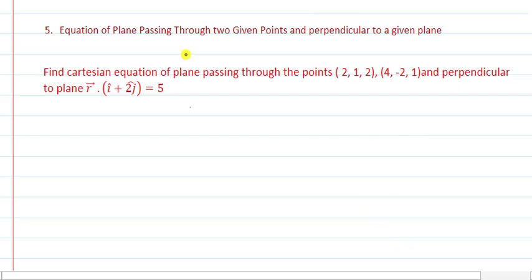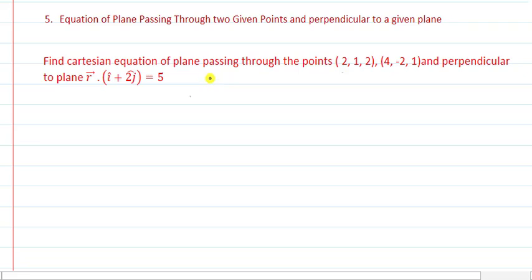Let me take the next type. Here the case is the equation of a plane passing through two given points and perpendicular to a given plane. The example based on the same type is: find the equation of the plane passing through these points and perpendicular to this plane. I hope you understood what to do with these 2 points.